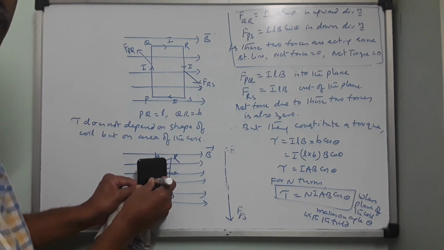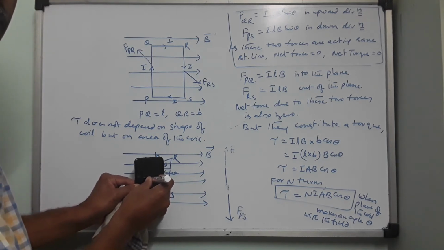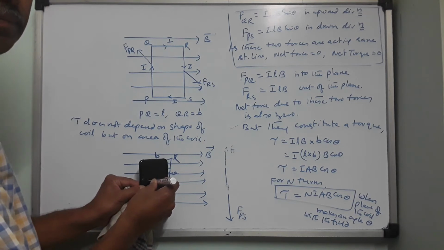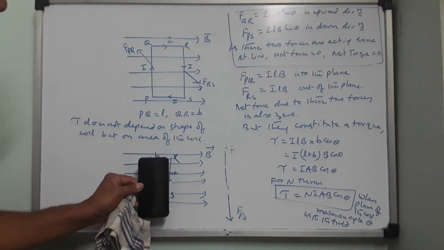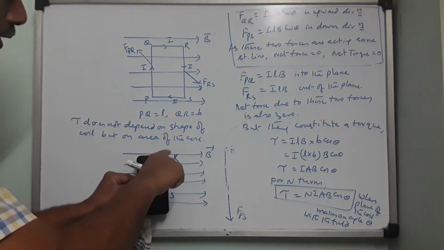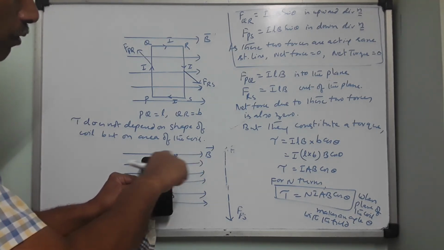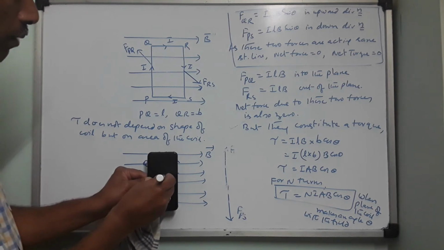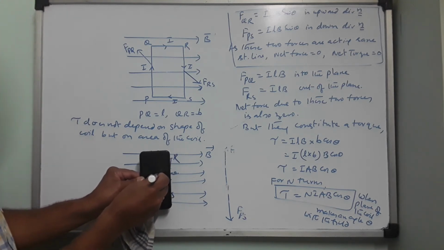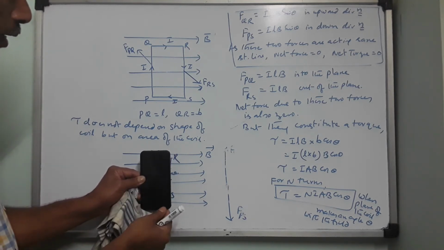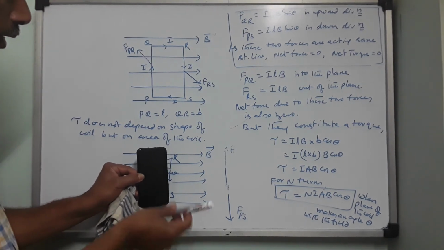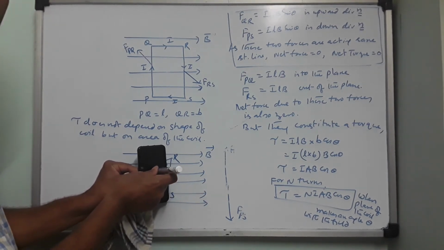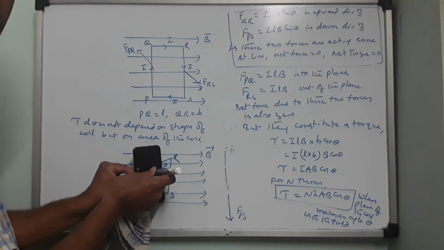So the angle made by the normal with respect to the field will be 90 minus theta. Am I clear? Now the plane of the coil makes an angle 0 with the field. In such a case, the normal drawn to the coil makes an angle 90 degrees. If the plane turns through an angle theta, the normal also will turn through the same angle. Now the angle will become 90 minus theta with respect to the field.